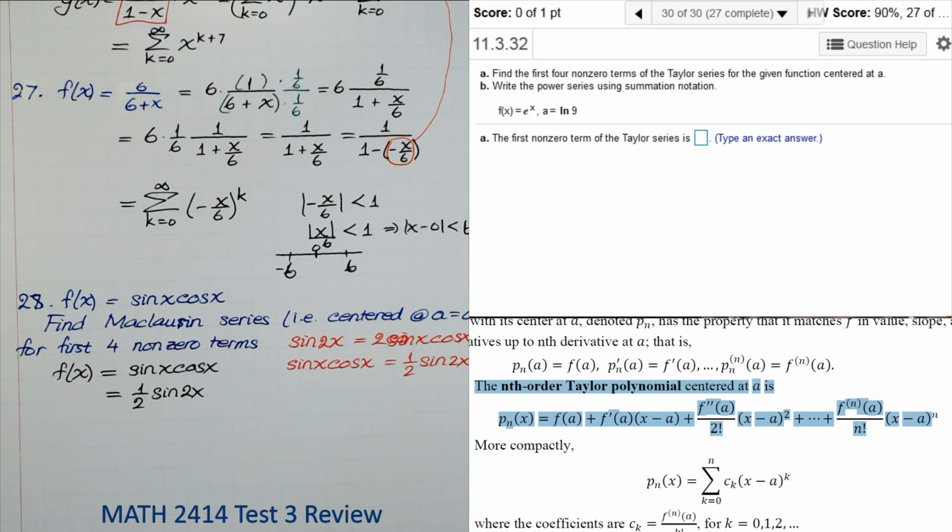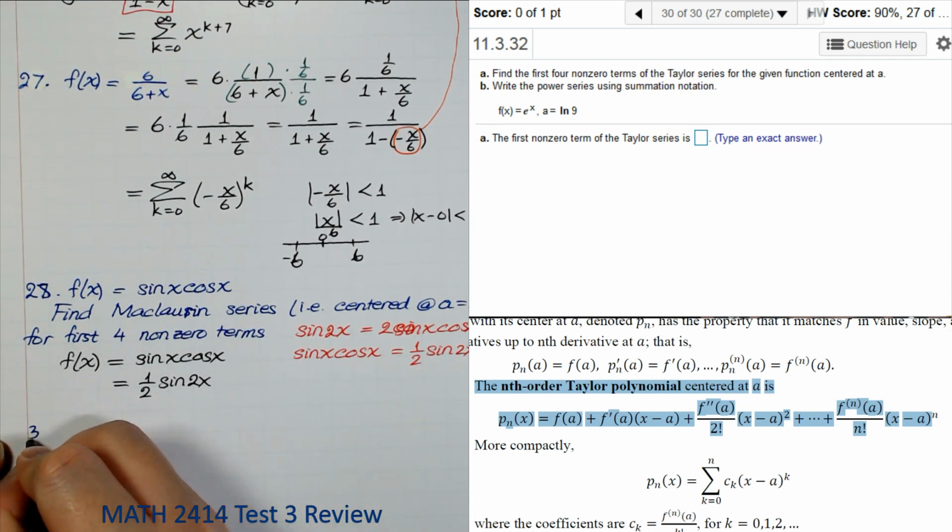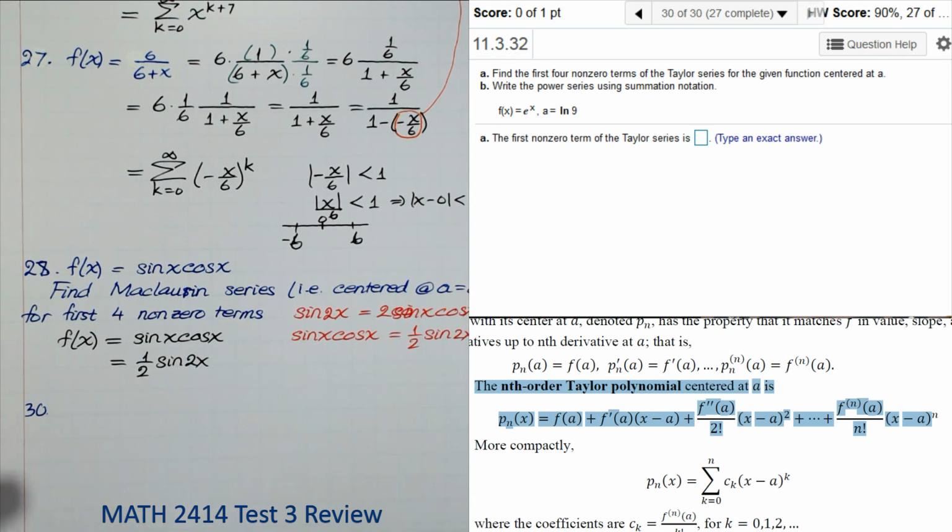And that's one. Find the first 4 terms of the Taylor series centered at a. I'm not going to do that one either, you just make a table.